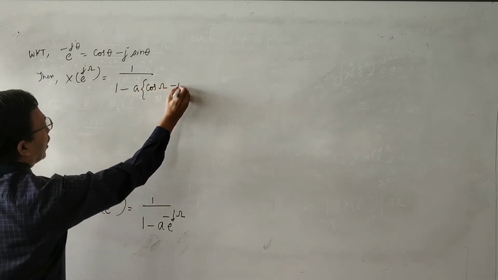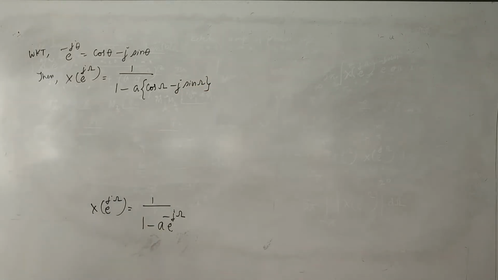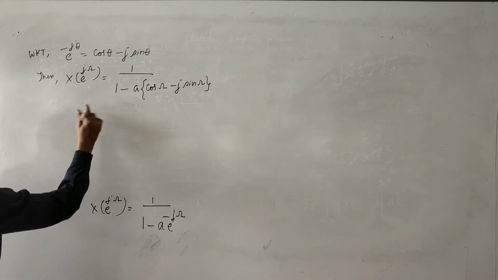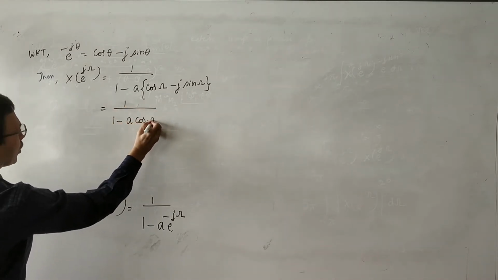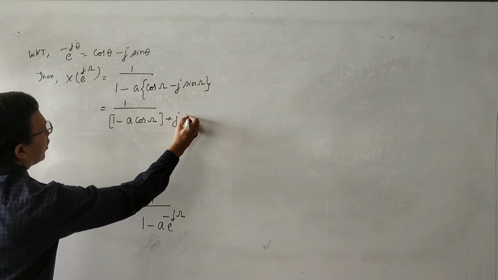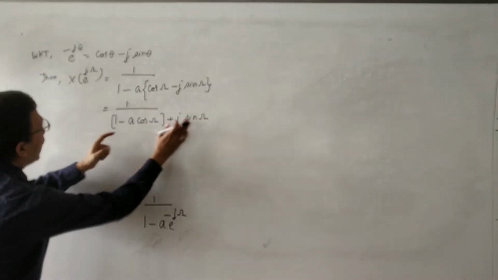Cos omega minus j sin omega. This is simpler to understand. So this is 1 over 1 minus a cos omega, real part, plus j a sin omega, imaginary part. Please follow this.